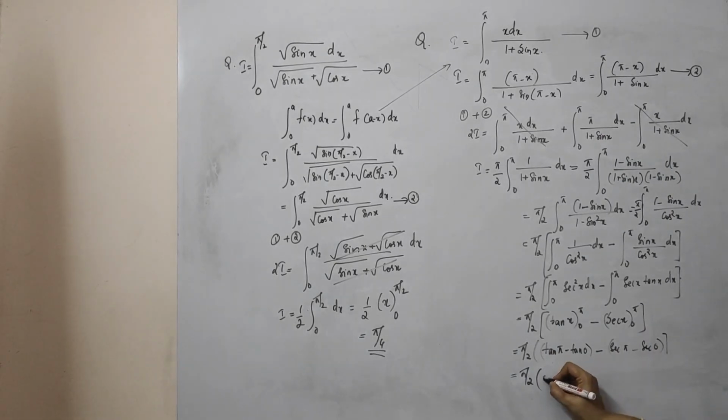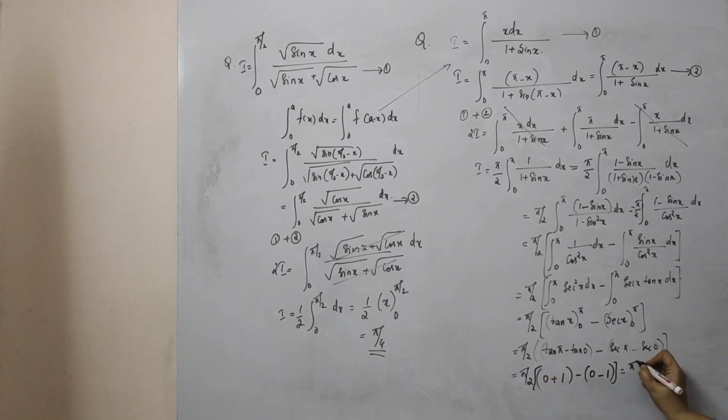Tan pi is 0, minus tan 0 is 0. Then sec pi is minus 1, so 0 minus sec 0 is 1. So I get the expression of this form, that is pi by 2 into 1 plus 1. That is 2 pi by 2, which is equal to pi. Okay.